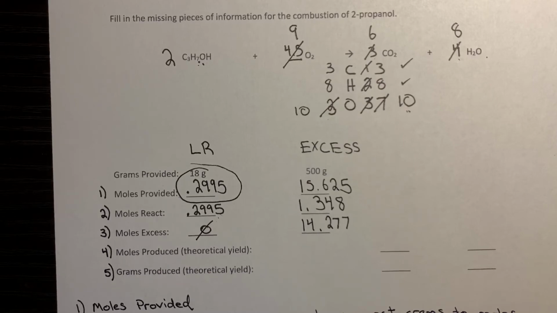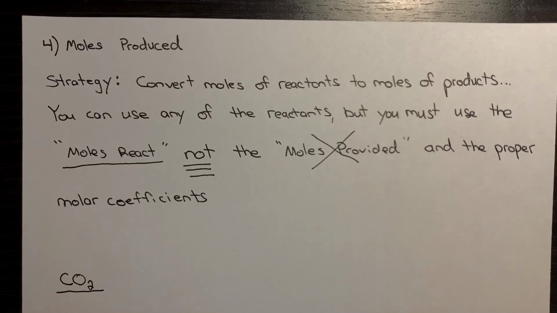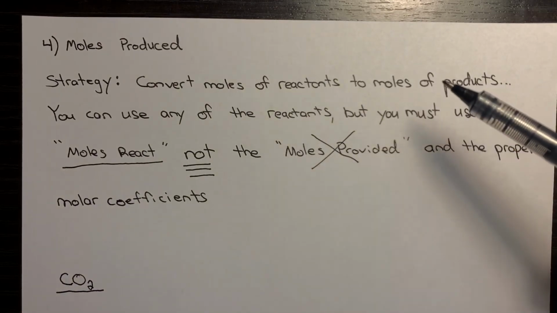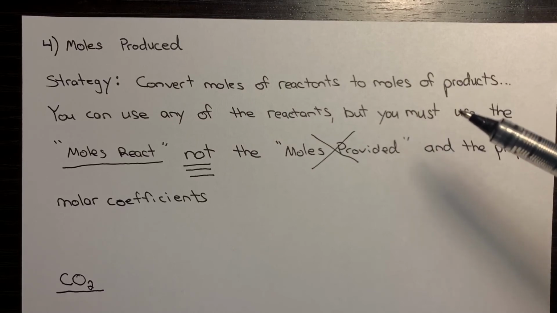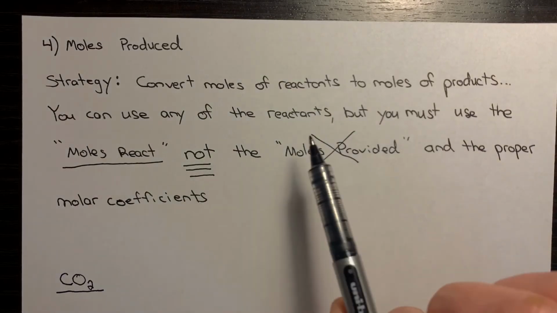So moving on to step 4, we want to figure out the moles that are produced. As far as the moles produced, the strategy is that we want to convert moles of reactant to moles of product, right? We know how much reactant we have, using kind of our recipe, which is the balanced equation, we can figure out the moles of product. To do that, we can use any of the reactants.